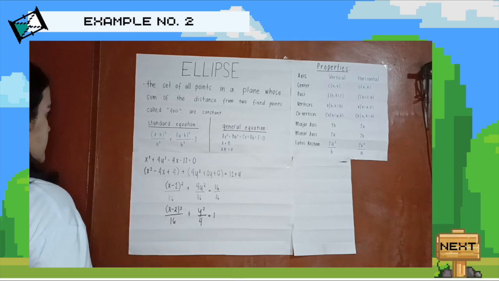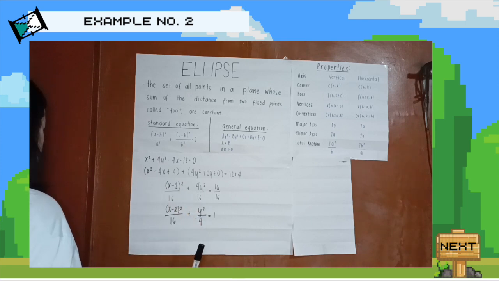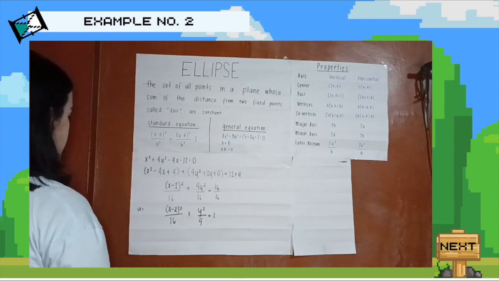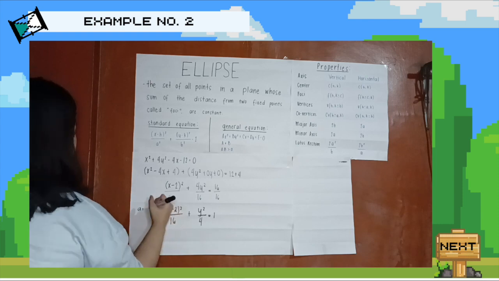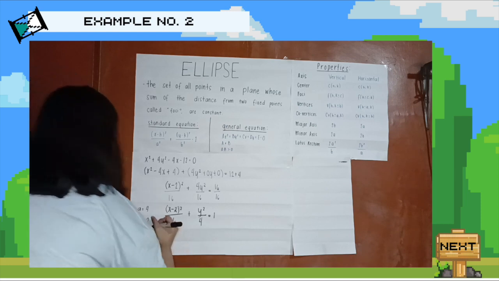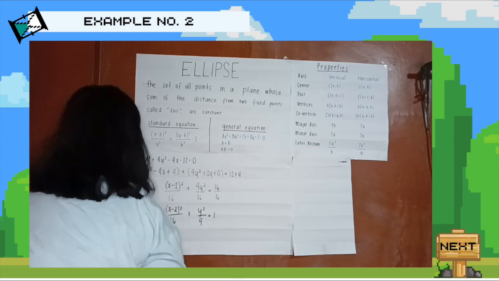So for us to solve for the properties, we need to identify first a, b, and c. For a, you just need to get the square root of this. So a, the square root of 16 is 4. So 16 minus 4 is 12, and the square root of 12 is 2 square root of 3.